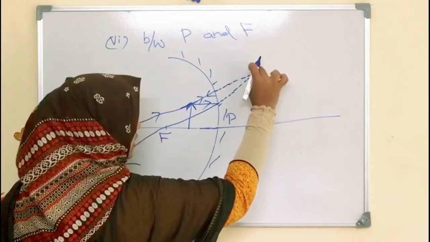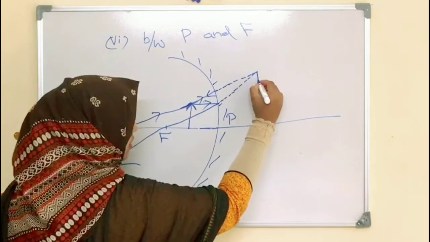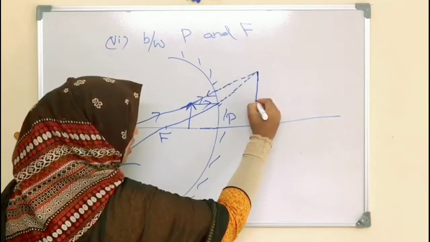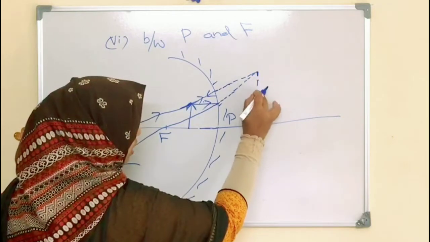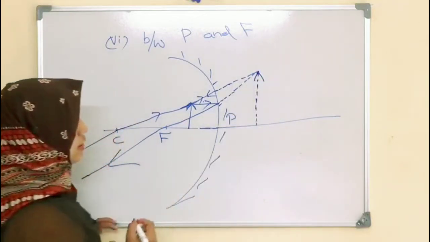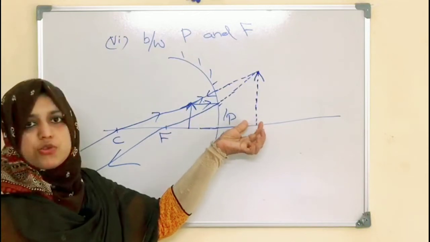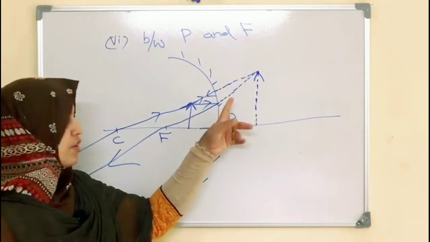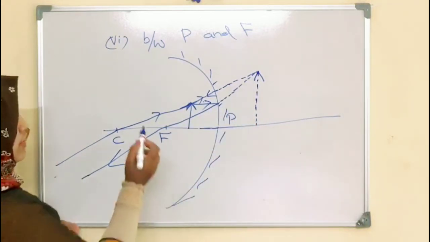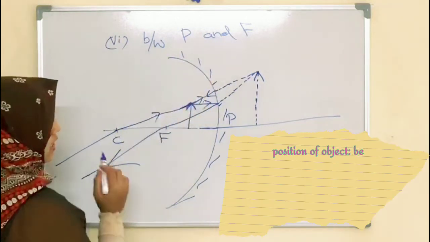After that, these two dotted lines meet. From there, you join and draw one dotted image. Here we got an erect and virtual image. So we can conclude: the object is between pole and focus.